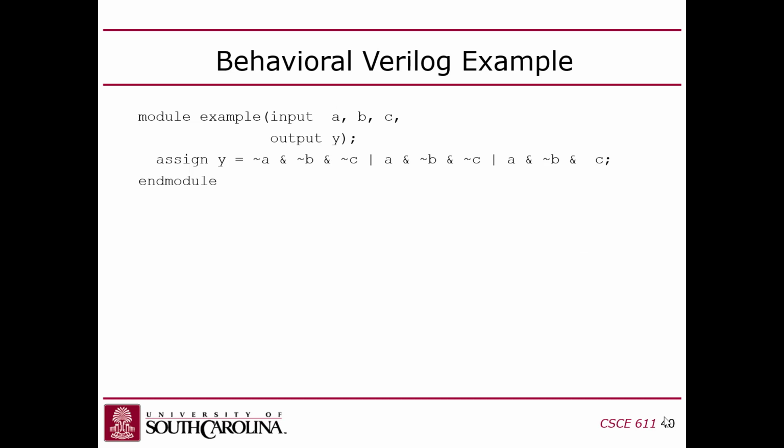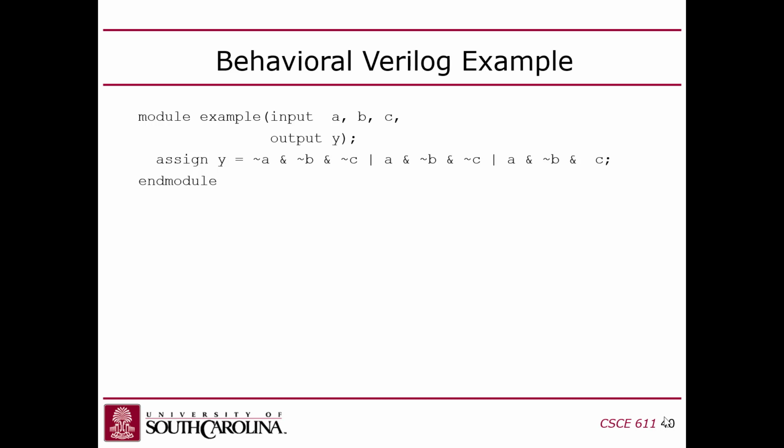So I'm going to fast forward here a bit. Here's an example, module example. The first line is module, and the first thing you see here is the inputs and outputs up here at the top. Then you have end module, and everything in between is what's inside the module. This module has one line of code that says assign y equals tilde a, that means complement a, and tilde b and tilde c, so not a and not b and not c.